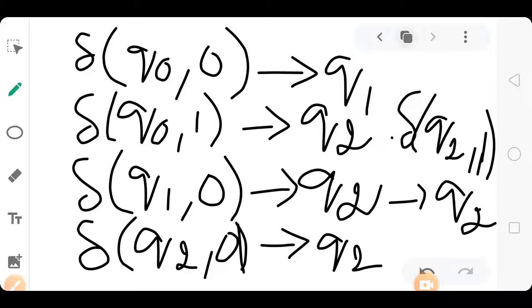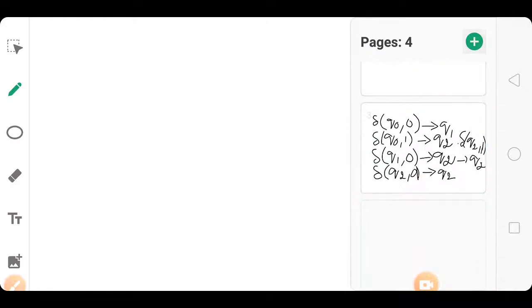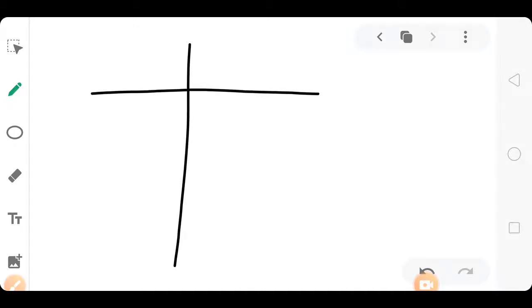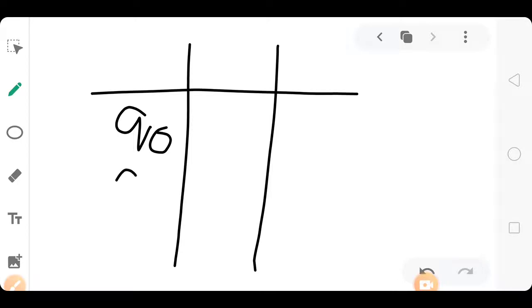Now for these transition functions, you need to draw the transition table. You can take the transition table like this. Here you write Q0, Q1, Q2, the list of states, first.